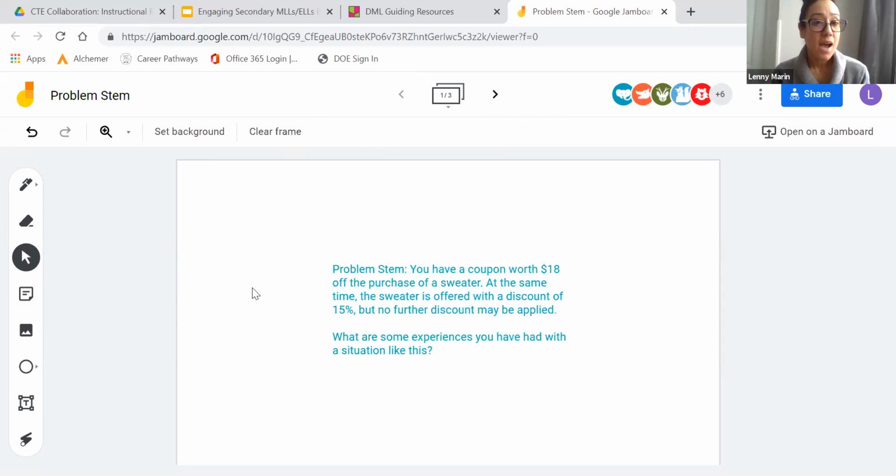At the same time, the sweater is offered with a discount of 15%, but no further discount may be applied. So the question I have for you all is, what are some experiences that you have had with this type of situation? And so take the sticky note and let's start writing that down. I'd like to know what your experiences with a situation like this have been.